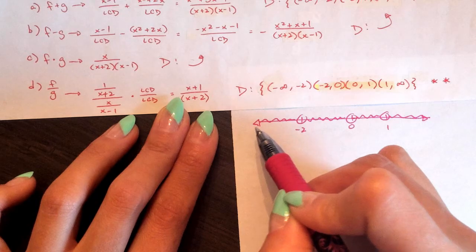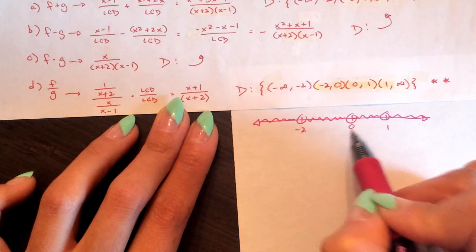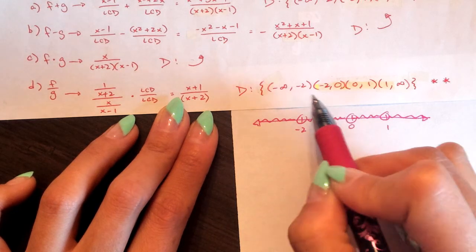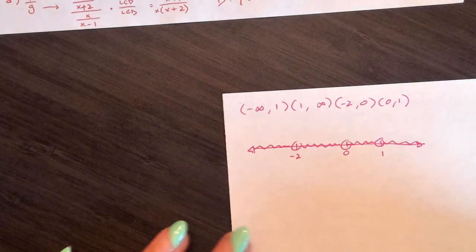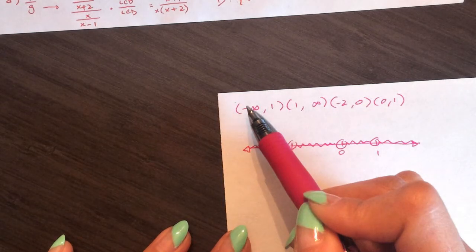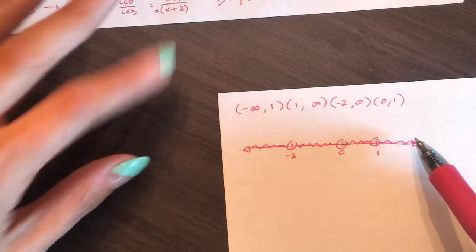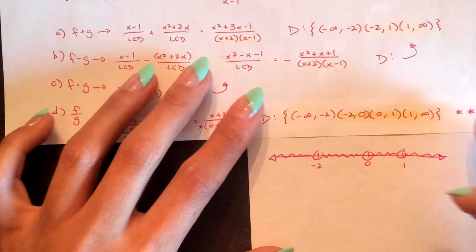See how it goes from negative infinity to negative 2, skip, negative 2 to 0, skip, and then 0 to 1, skip. So see how it matches up that way? See how it doesn't match up this way? You can't do that. Negative infinity is on the very left side, positive infinity is on the very right side. So it has to be written that way.